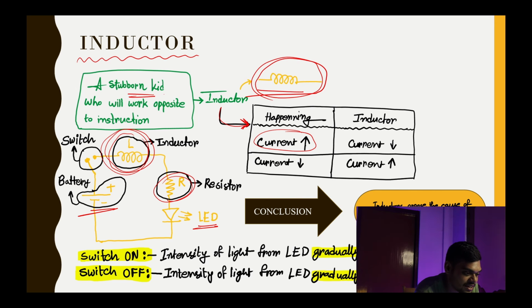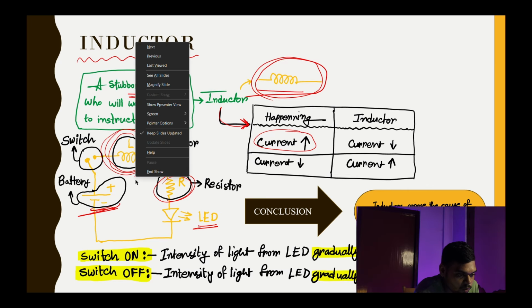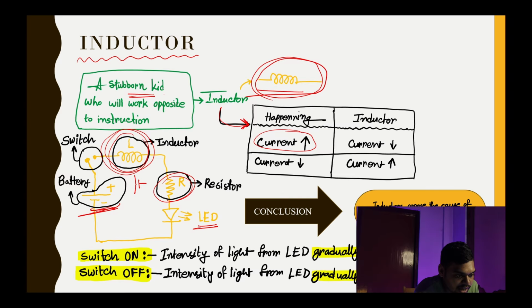Here the inductor at the initial point will create another battery like this, positive and negative. From this battery the positive charges will try to move towards the inductor, and for the inductor's induced EMF, the positive charges will try to move away from the inductor.